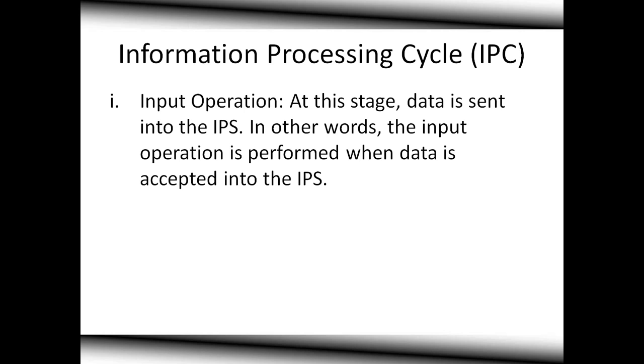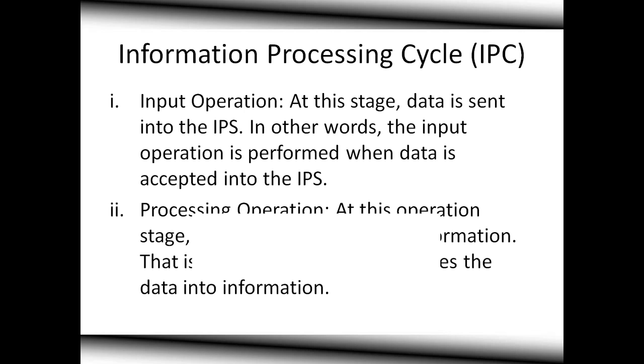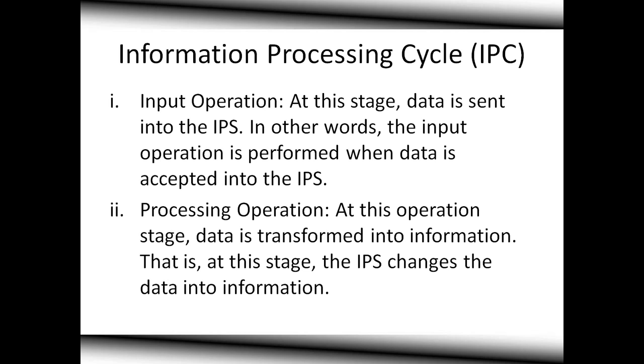So after data has been entered into the system, then we move on to the processing operation. At the input operation stage, certain actions will be performed. Later you will learn what those actions are. But certain things will be done to our data. Then when those things are done, they are passed on to the processing operation stage.